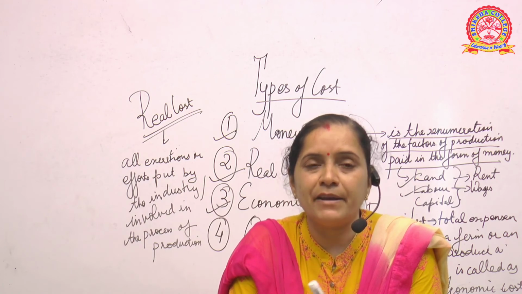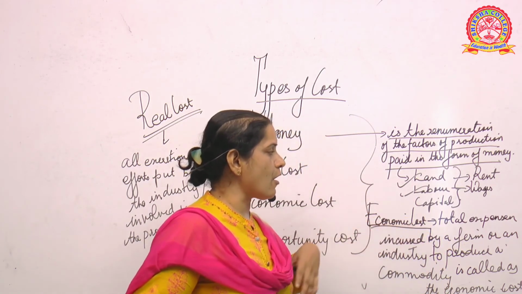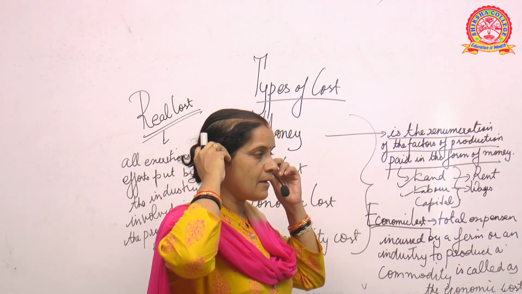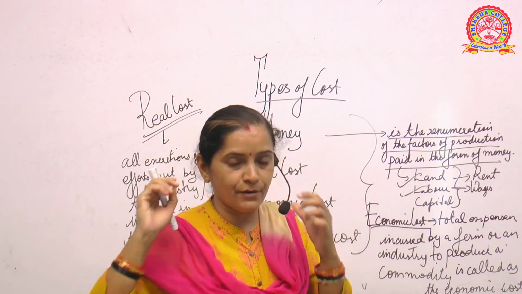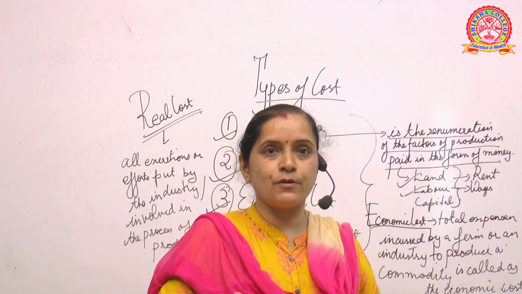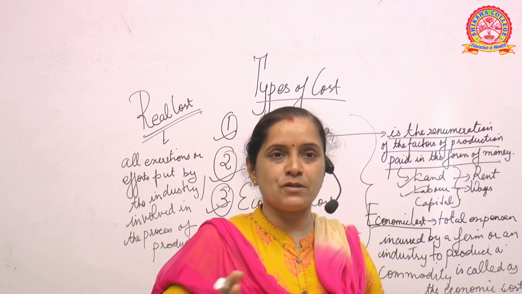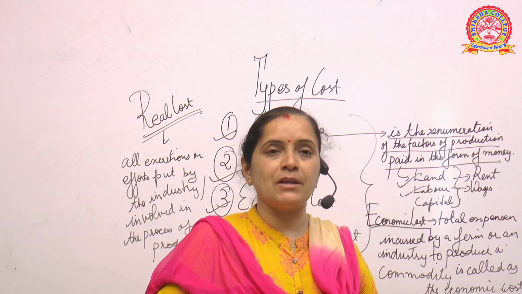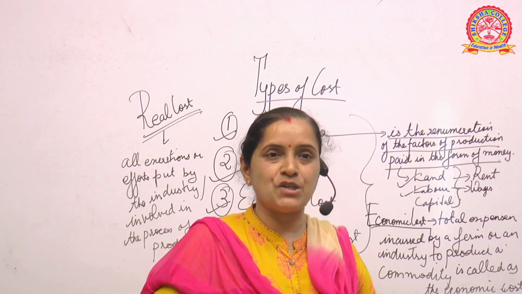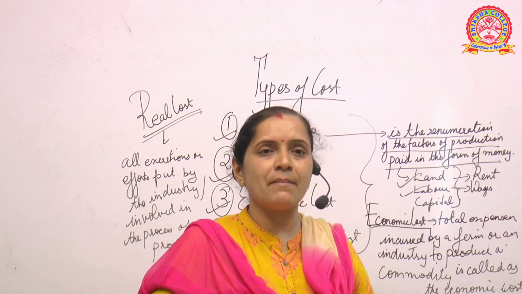Why? Because economic cost involves all the total expenses: the hiring and transport of raw materials coming to the company, the money spent on hiring and installing machines, the payment for your labor. All these things may be included.